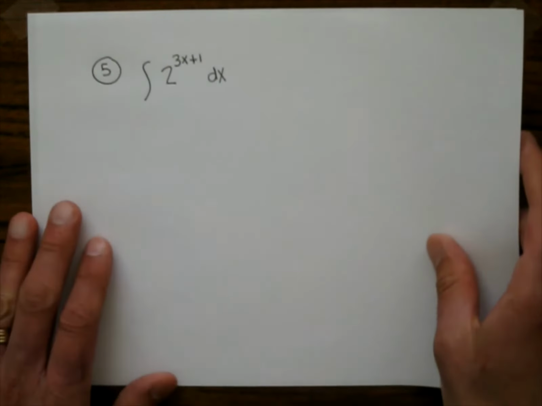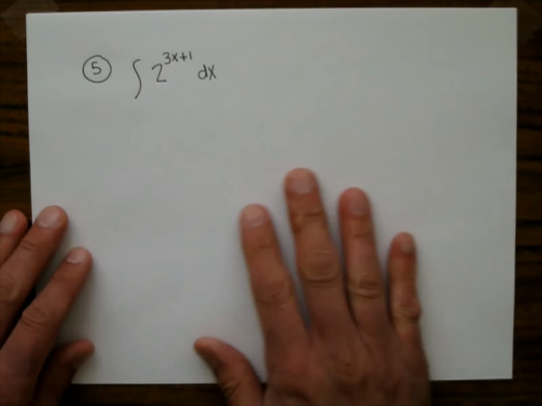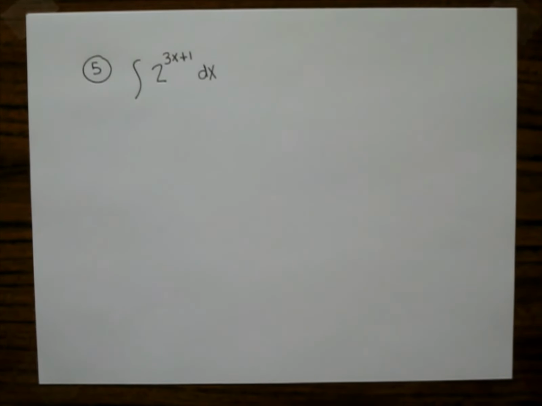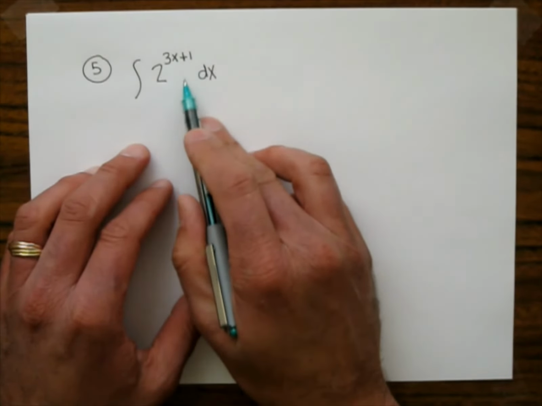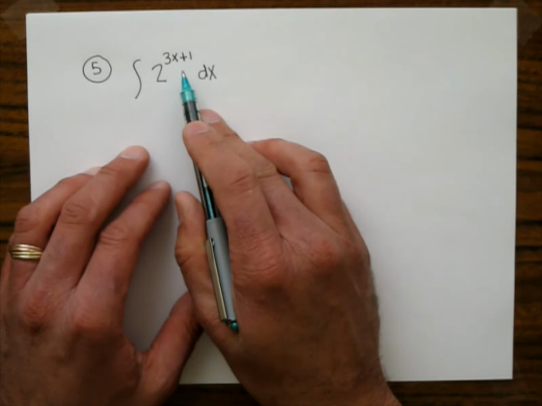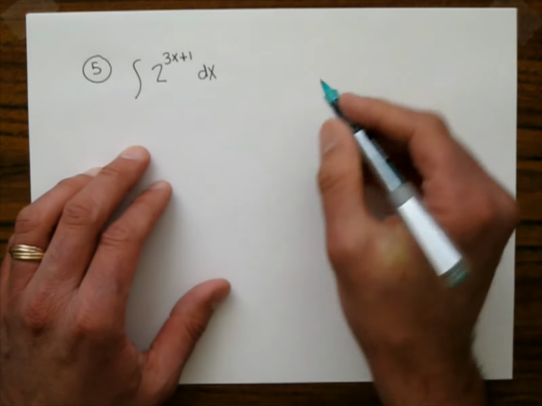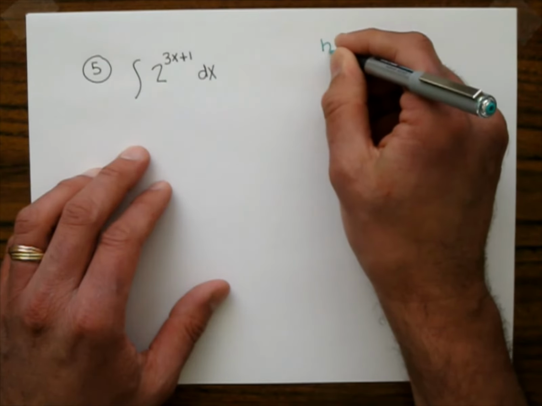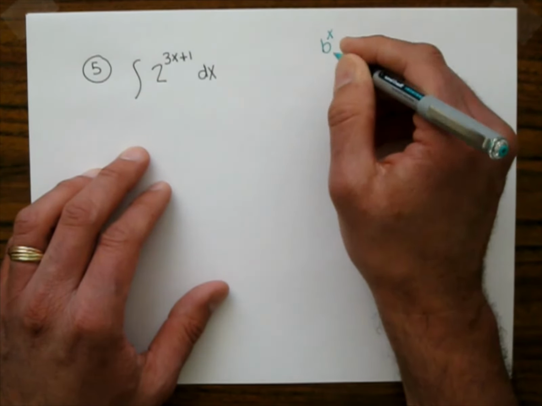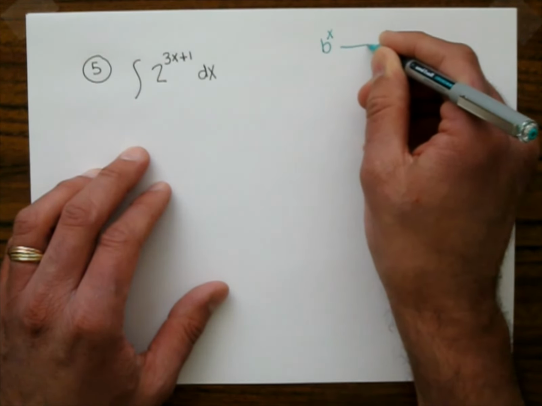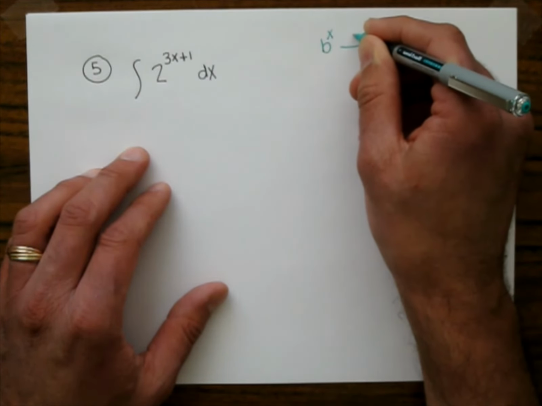Problem number 5. Okay, so this is one of those where they didn't give you any of these in the book, but I put this on your antiderivative rule sheet. The antiderivative rule sheet for this, it's a b to the x. And the rule is you take the antiderivative, let's just say the integral.